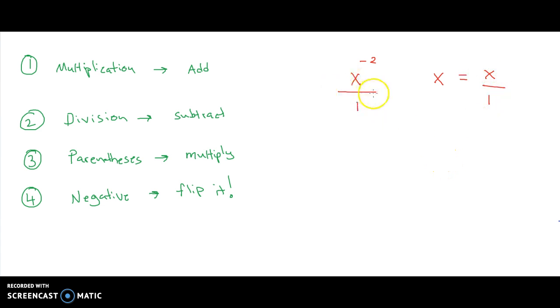I like doing this because it allows you to see the two locations where the variable can be. So if we have a number on the top and it has a negative exponent, it belongs on the other side. We have to flip it. So the answer for this would be 1 over x squared. Once you've flipped it, the exponent becomes positive.